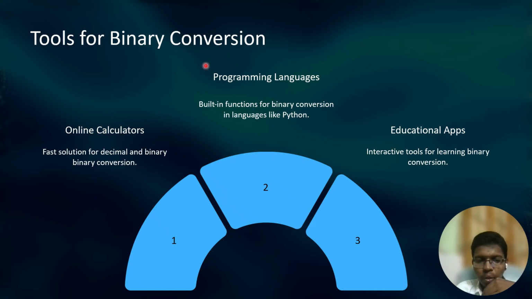Tools for binary conversion. Online calculators give fast solutions for decimal and binary conversion. You can also use a calculator like the Casio fx-CW for decimal and binary conversion.